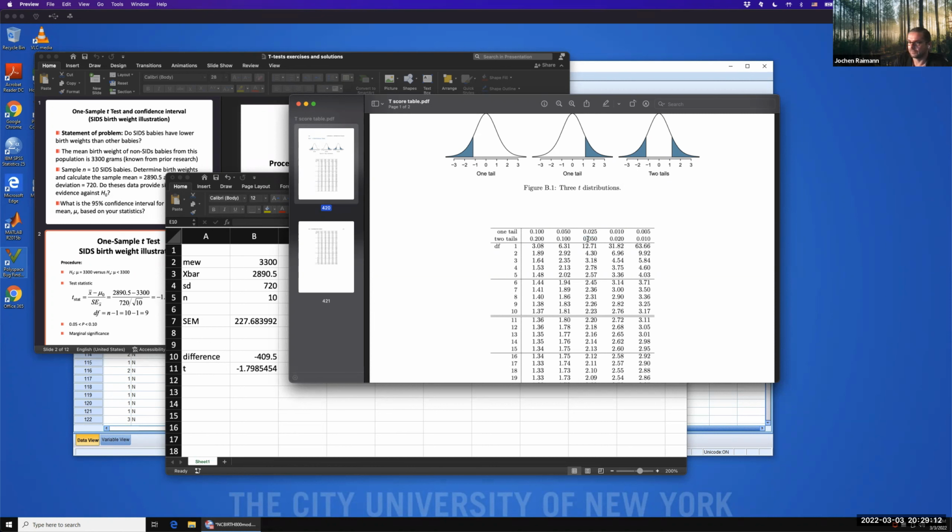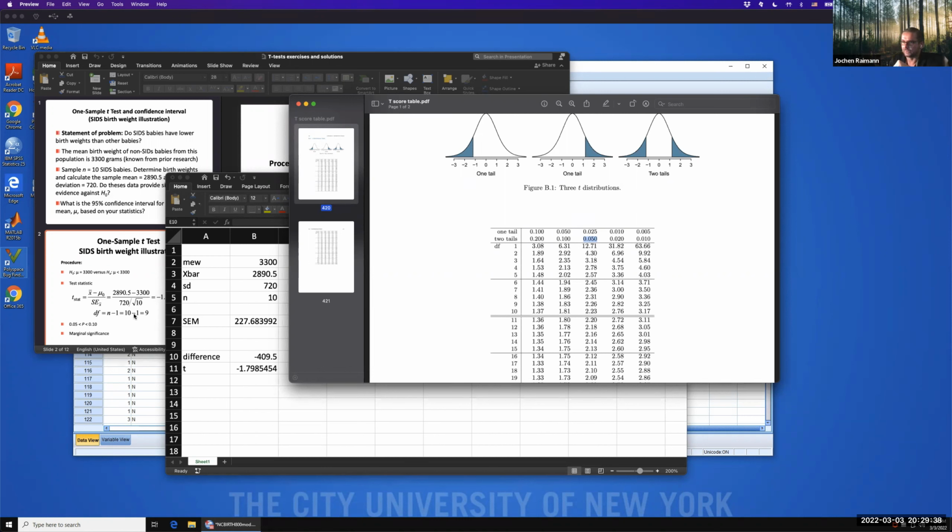We are looking for a 95% confidence interval, which is the confidence that within that interval you have located the true population mean. So your confidence interval is essentially 1 minus your alpha. So your alpha is 5%.